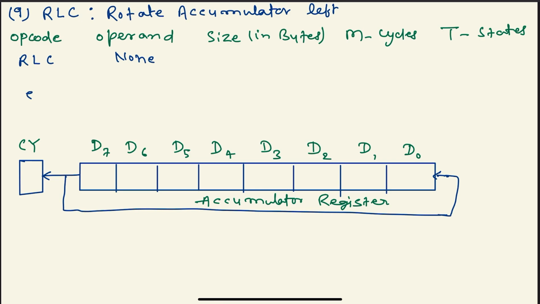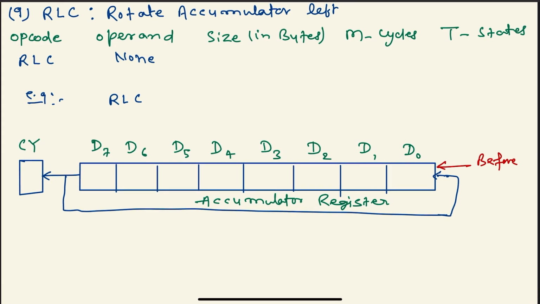For example, let's say I am writing RLC, and before using this instruction, this is the before data and this is the accumulator register.